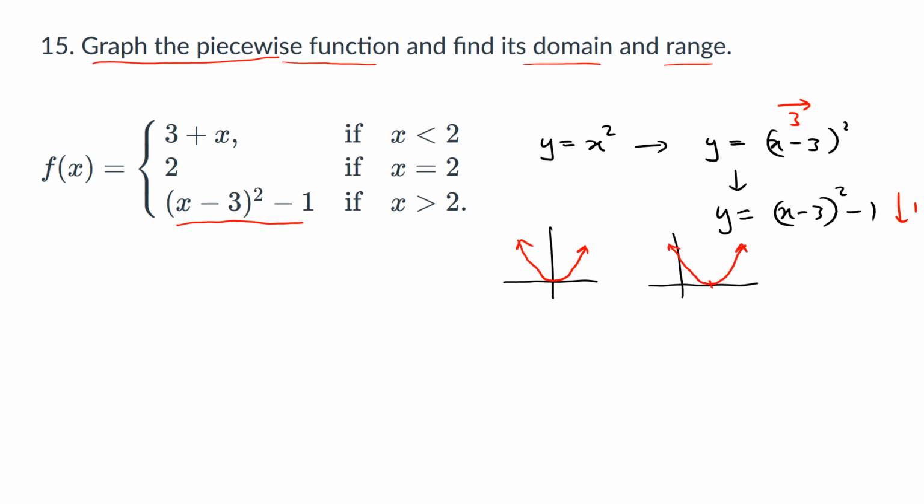So this is 3, this is 0. Then we have y equals x minus 3 squared minus 1. This is going to bring the graph down by 1. If you bring it down by 1, you're going to get a graph like that. So 3 stays the same, and the graph goes down by 1. It's going to go down like that.